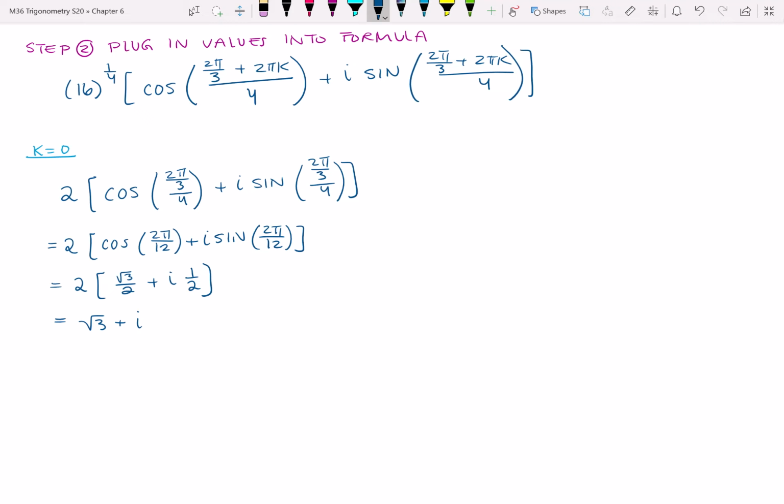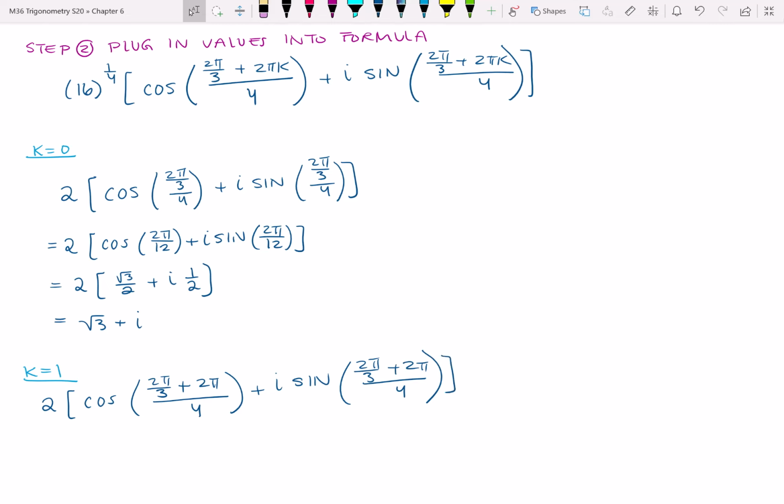Now let's plug in k equals 1. So this is going to be 2 times cosine of 2 pi over 3 plus 2 pi, all over 4, plus I sine of 2 pi over 3 plus 2 pi, all over 4. Here we do have to simplify a little bit.